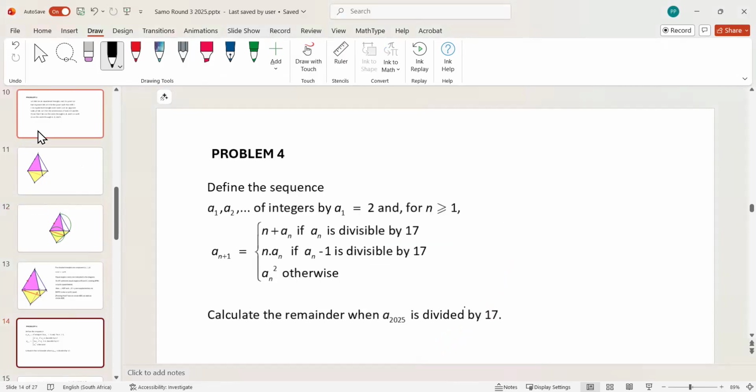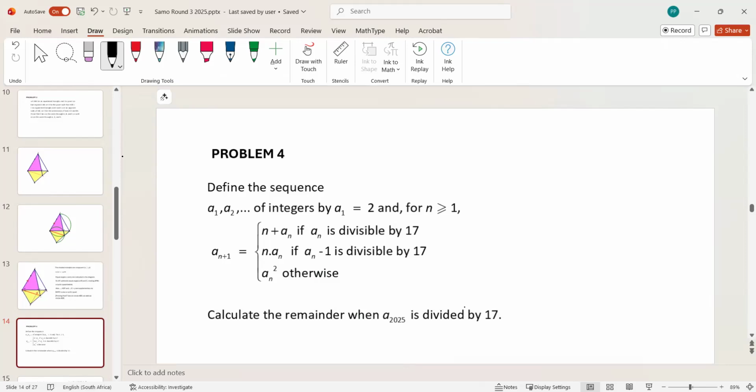This is problem number 4. Problem 4 says define the sequence A1, A2, and so on. First term is 2, A1.